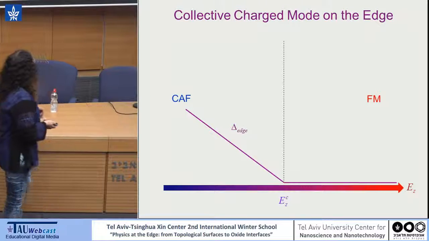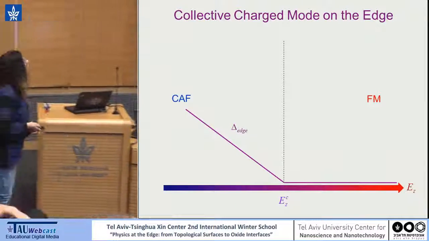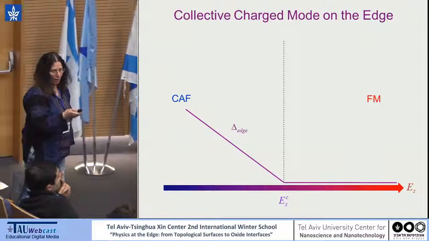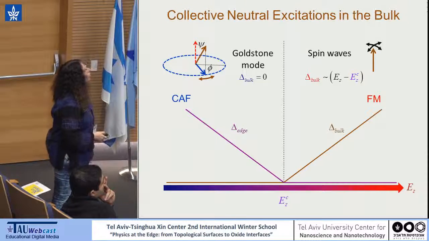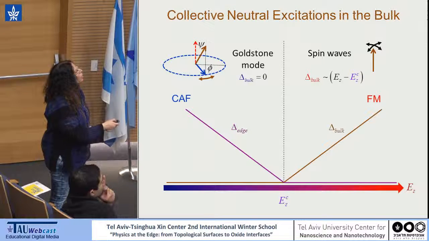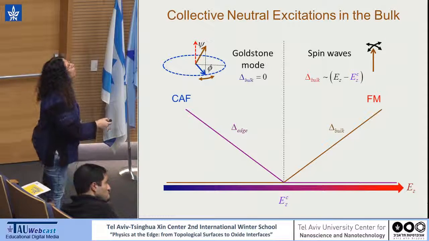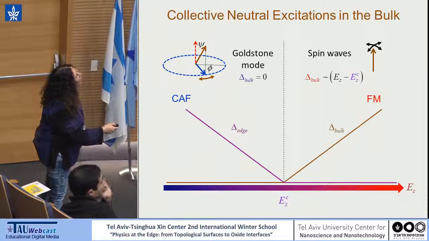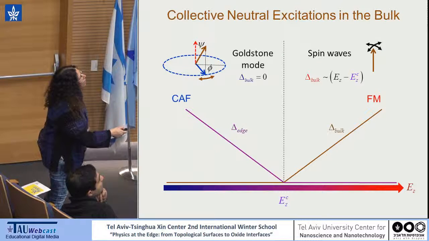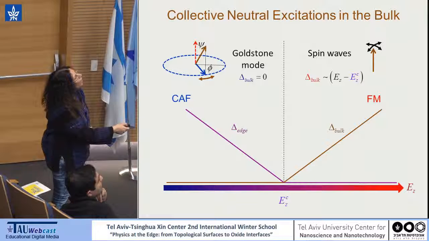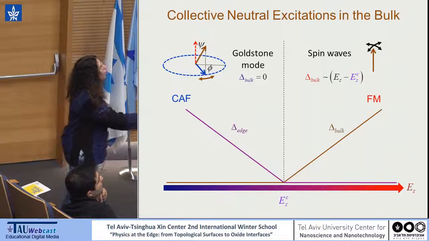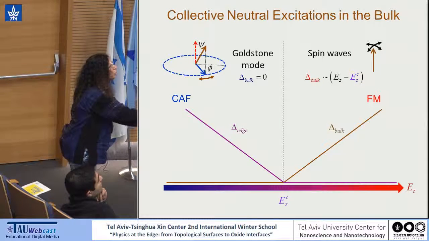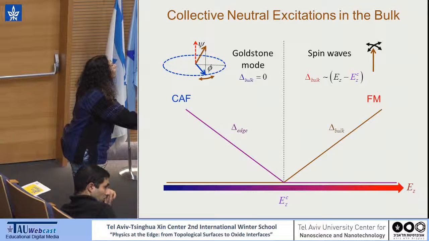They are some kind of spin mode, and they also behave very differently in the two phases. In fact, if we look at the neutral excitations, which reside in the bulk, in the ferromagnet, you have spin wave excitations, but they have now a gap. And that gap, once again, goes like E_Z minus E_Z critical. So it goes to zero at the transition and vanishes.